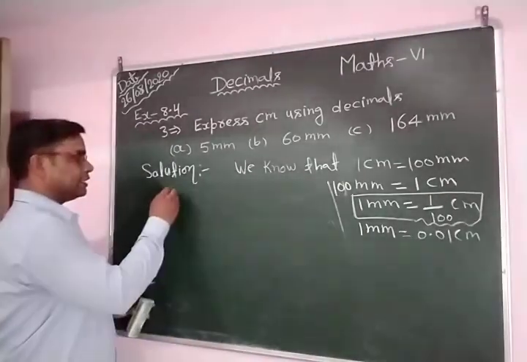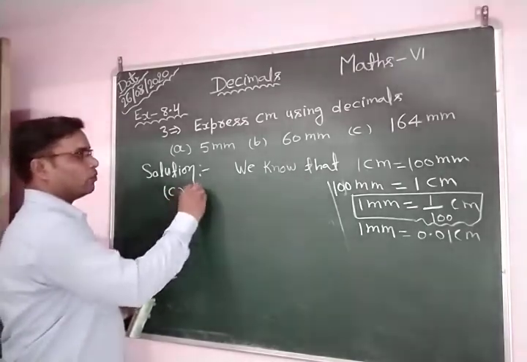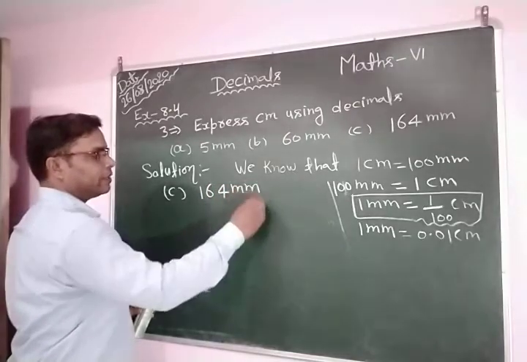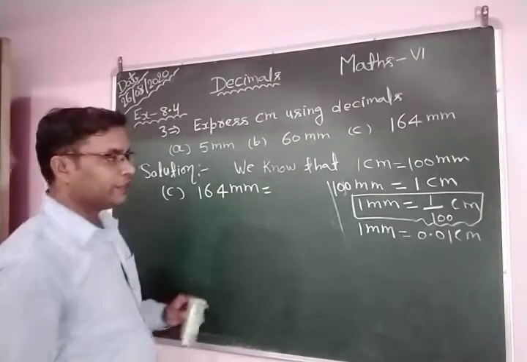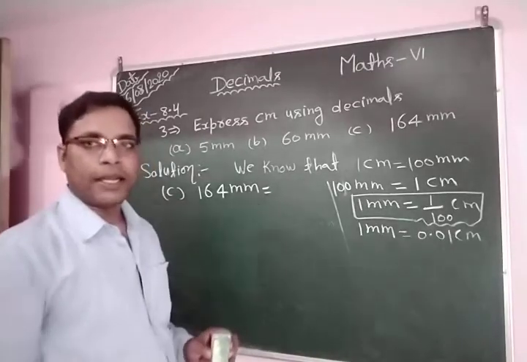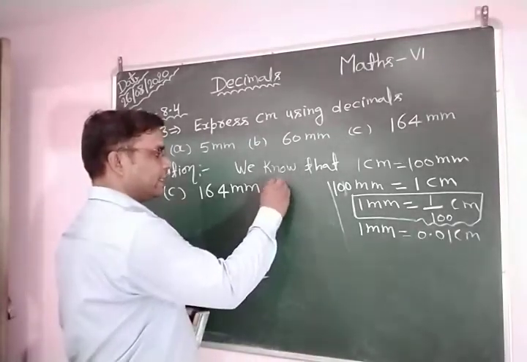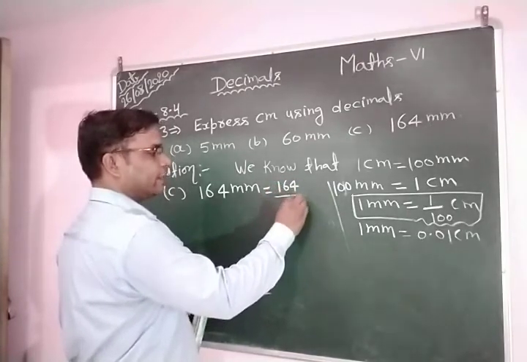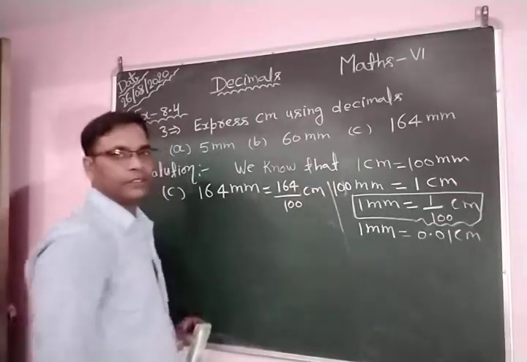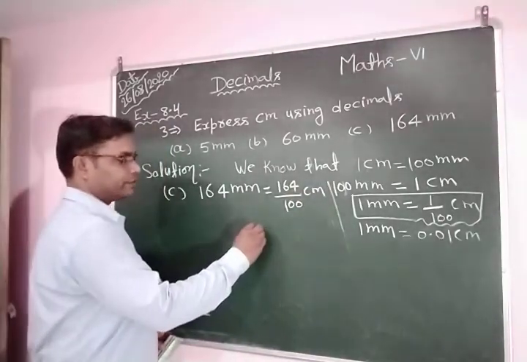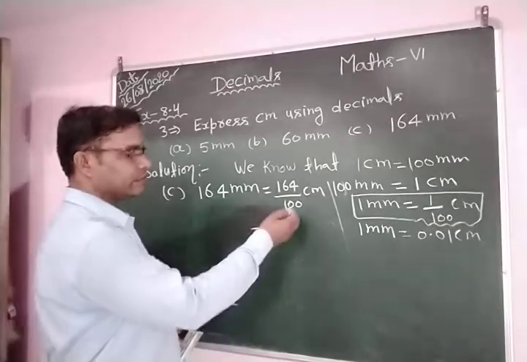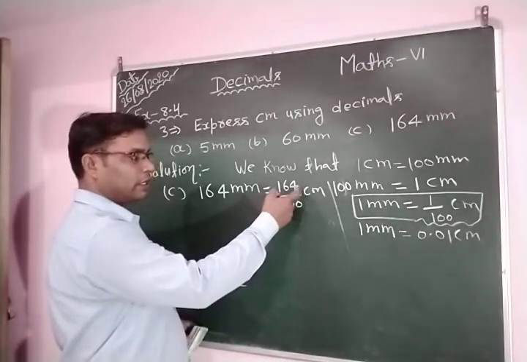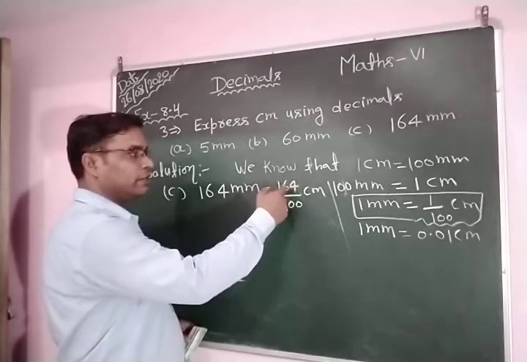You can see here the C part is given 164 millimeter, but we know that 1 millimeter is equal to 1 by 100 centimeter. So we can write 164 by 100 centimeters. There are 2 zeros, so the decimal moves from right to left 2 digits.